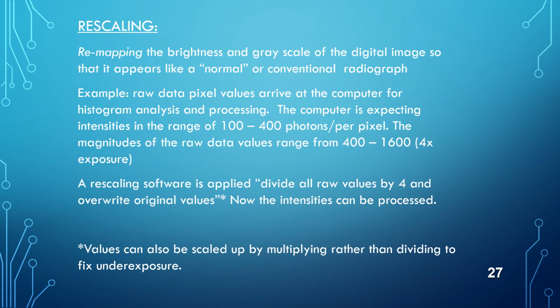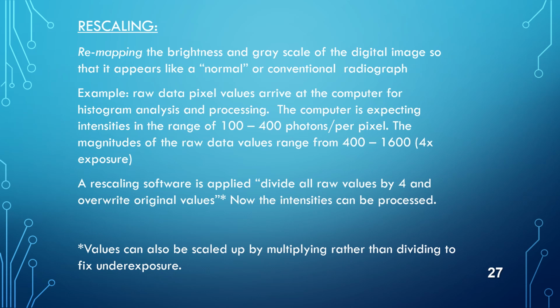And then lo and behold, now all the values are between 100 and 400, and now it knows how to assign the colors. Yeah, it's glorified paint by numbers. That's it. It is paint by numbers.